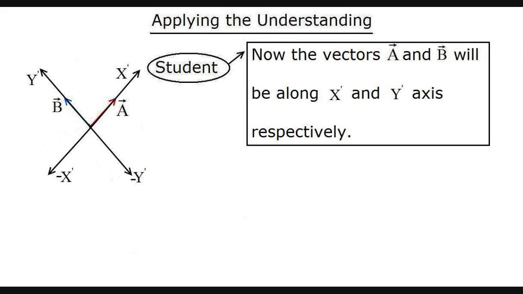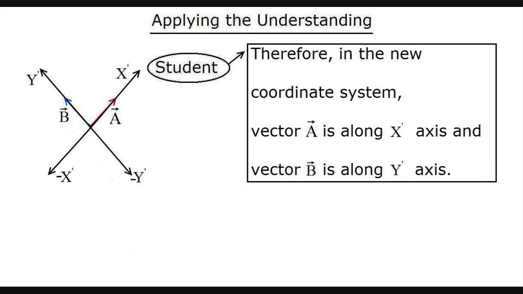Now the vectors a bar and b bar will be along x prime and y prime axis, respectively. Therefore, in the new coordinate system, vector a bar is along x prime axis, and vector b bar is along y prime axis.